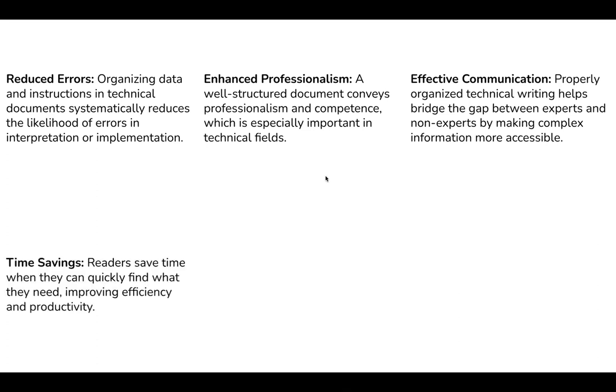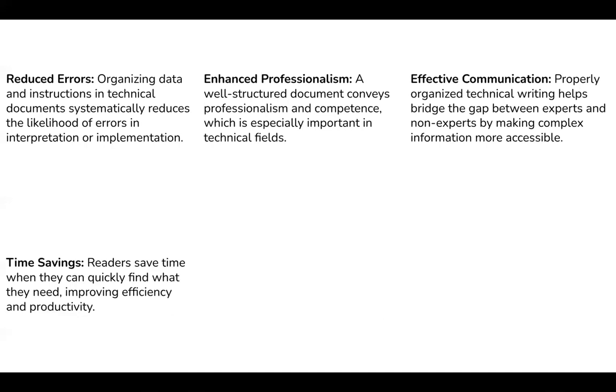Readers save time when they can quickly find what they need, which improves efficiency and productivity, right? So if I know about HTML, CSS before reading your JavaScript article, I can just move on to the JavaScript part because the document is well organized and I can see the headers and everything easily.